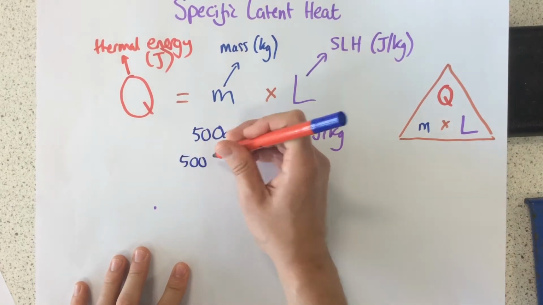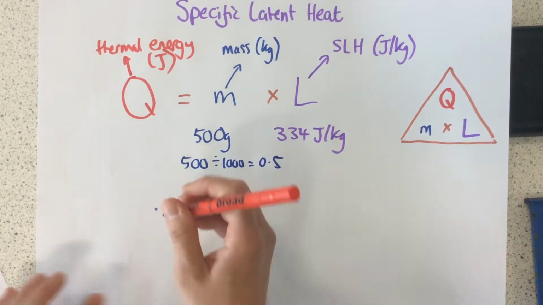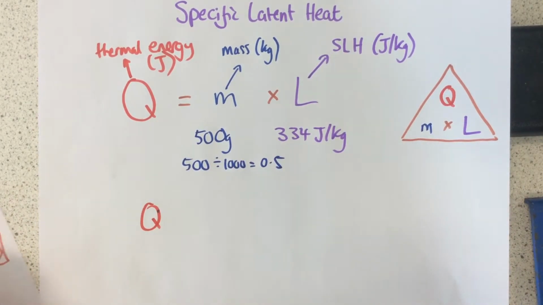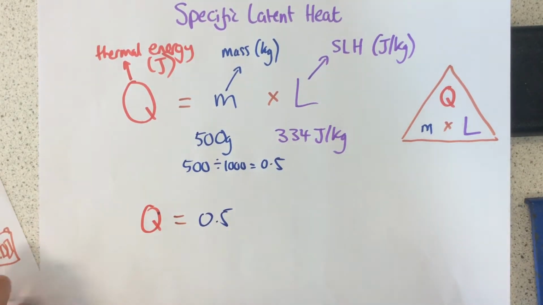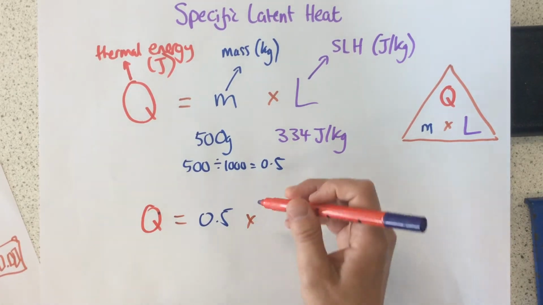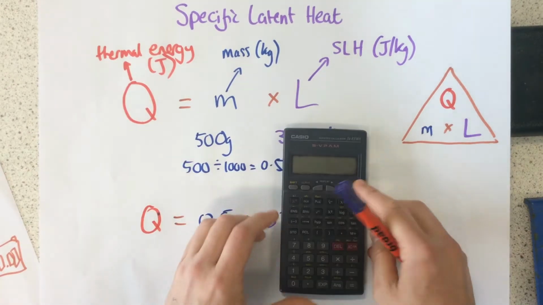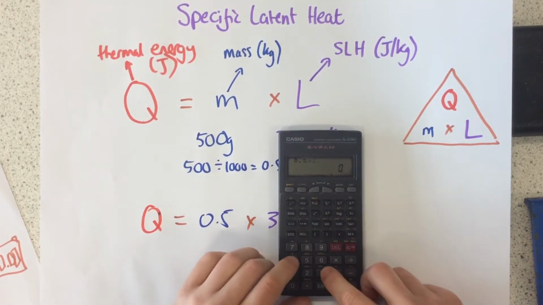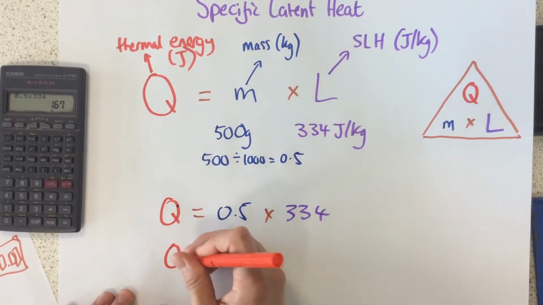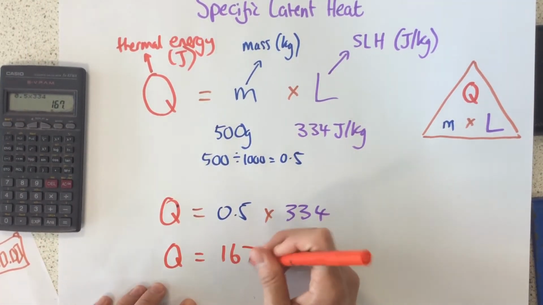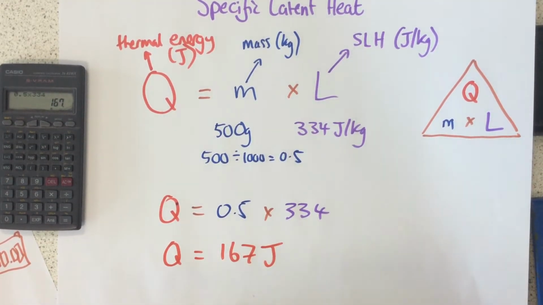So you'd have to do 500 divided by 1,000, which equals 0.5. So you'd simply do 0.5 multiplied by 334, and let's see what that would give you. 167. So the amount of thermal energy required in order to change the state of 500 grams of water would be 167 joules.